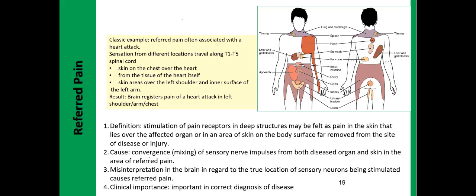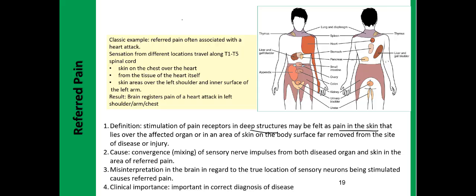So referred pain is when there's pain in some part of the viscera, a deep structure, that is felt as pain in the skin that lies over the affected organ or in an area of skin on the body surface far removed from the site of disease or injury. And the reason behind this referred pain is that the pain receptors, say if you take a heart attack, right?